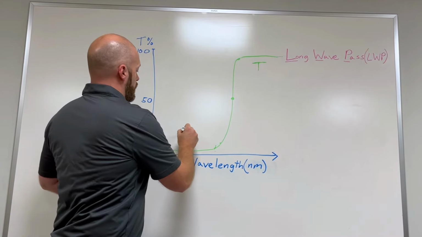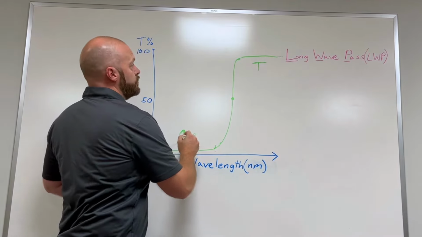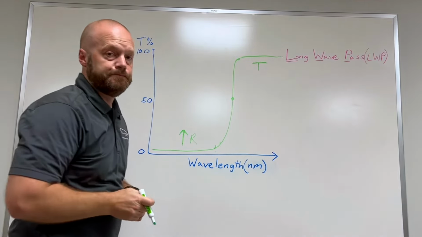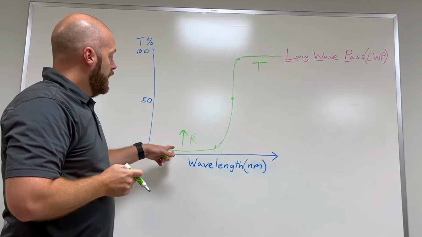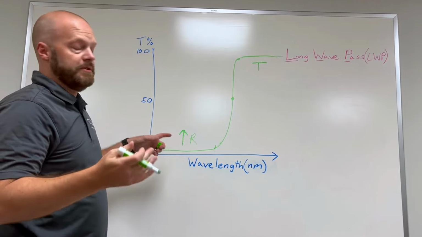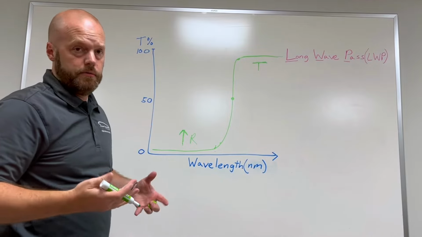So this reflected light and transmitted light can then be used. To make it more complicated, dichroics are more specifically used at angles.